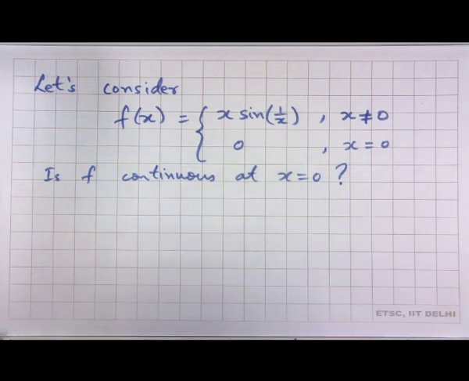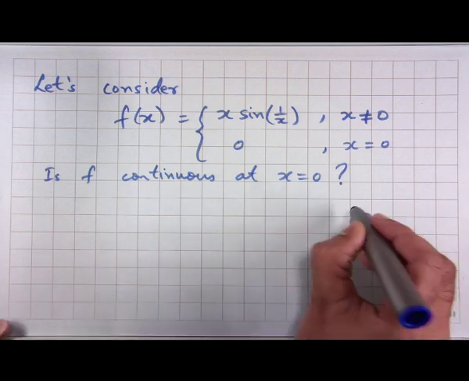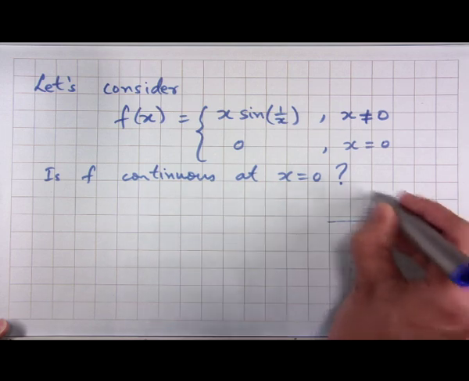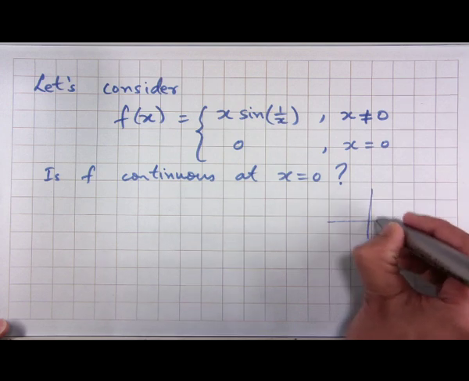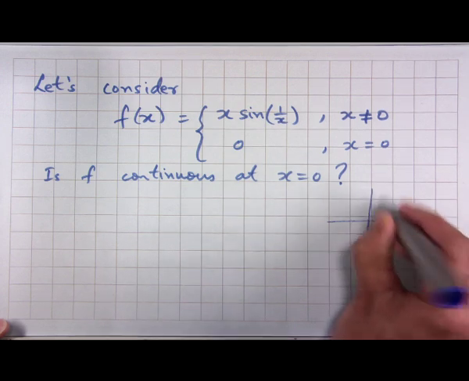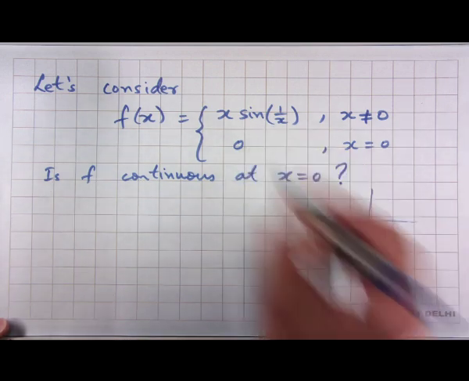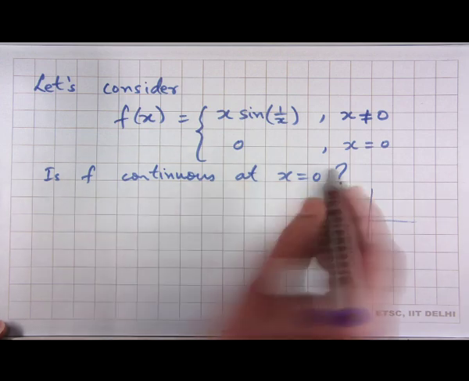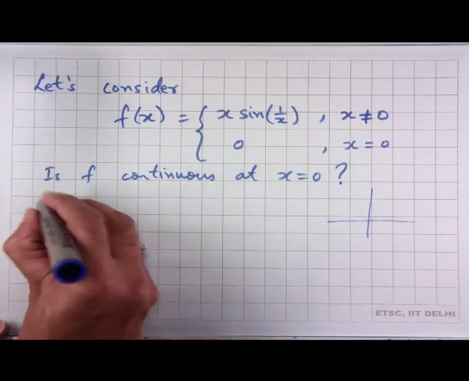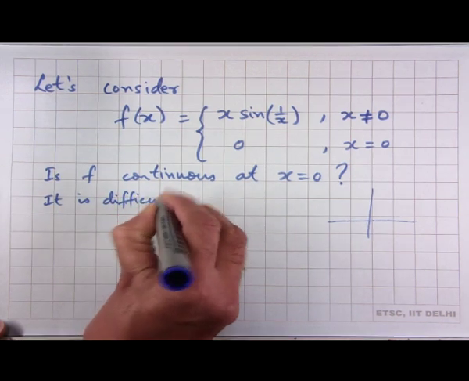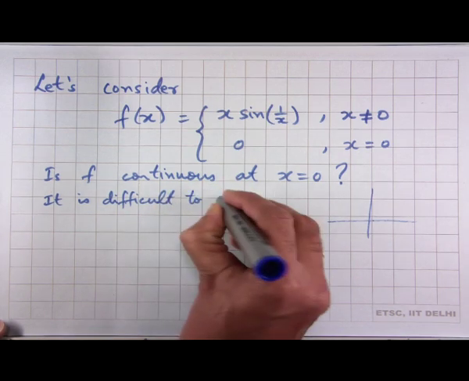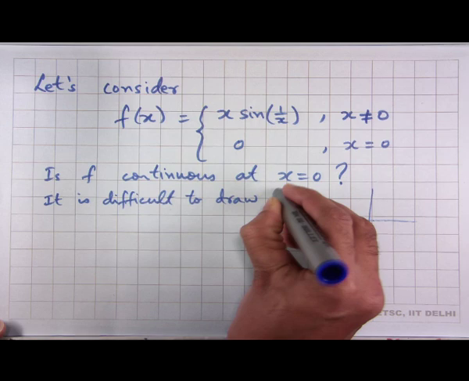In this case, if you try to draw the graph of the function x times sine 1 by x, it is very difficult to draw it near the point 0, because as you go close to 0 this function sine 1 by x keeps oscillating. So, it is difficult to draw the graph.